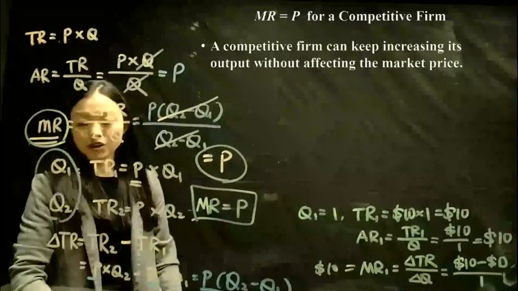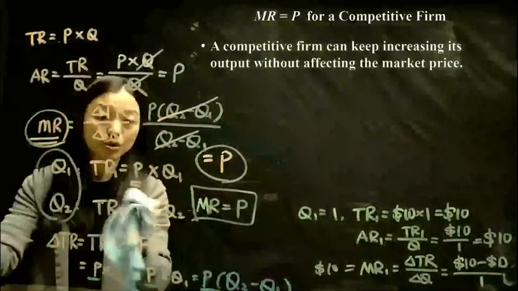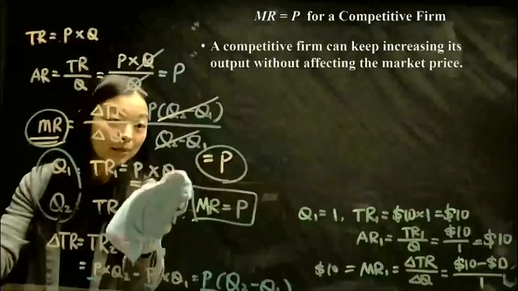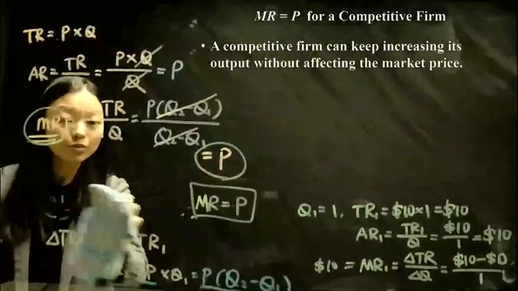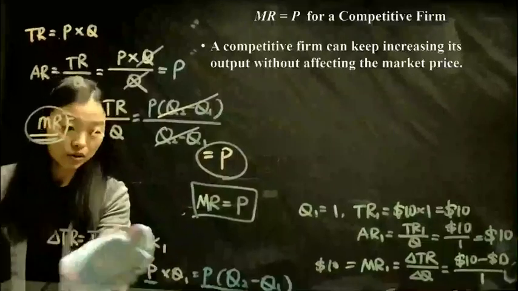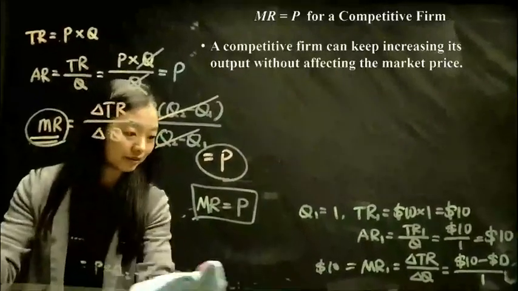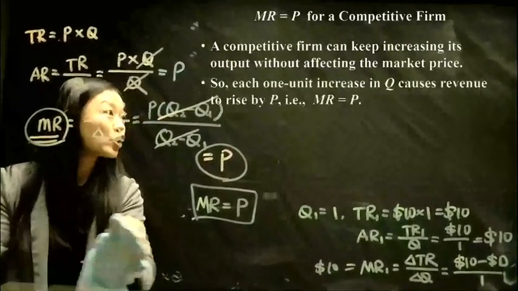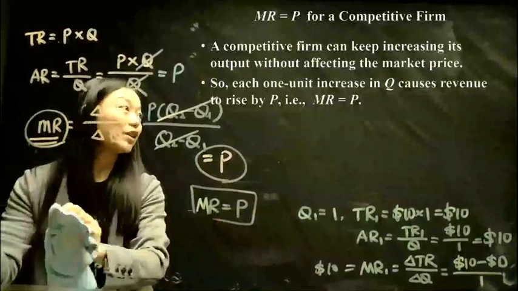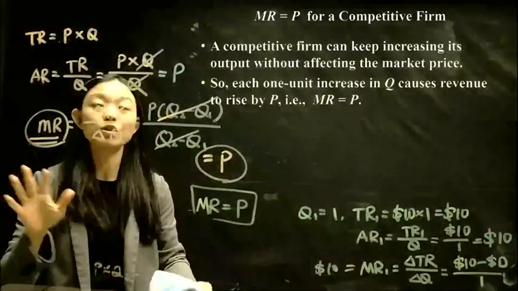So let's see, marginal revenue equal to price is only true for a perfectly competitive market. For each unit increase in quantity, the revenue will increase by the price.